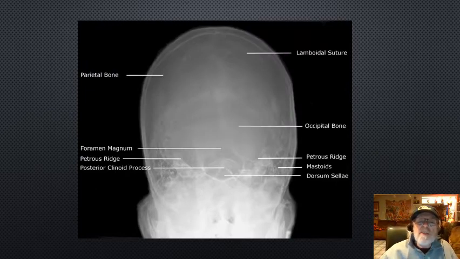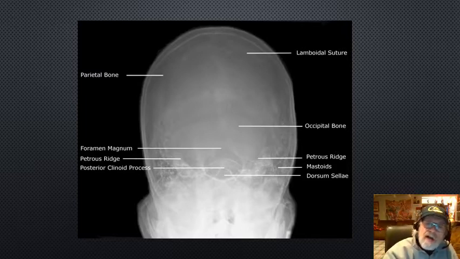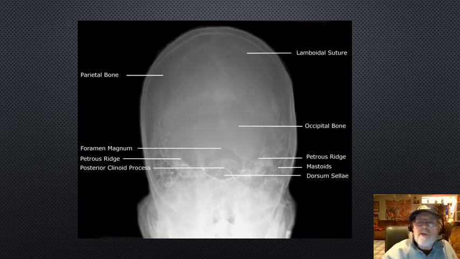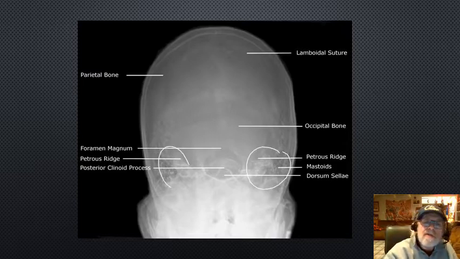This is just looking at the back. You can see the foramen magnum. Why am I seeing the foramen magnum? It's not in the back of the skull. That's superimposition. They're looking at the skull in such a position that they're looking down, and you can see the area where the foramen magnum would be right there. That's why that white area is there. Other than that, you can't see a whole lot. Here are the mastoid air cells, over here and over there.